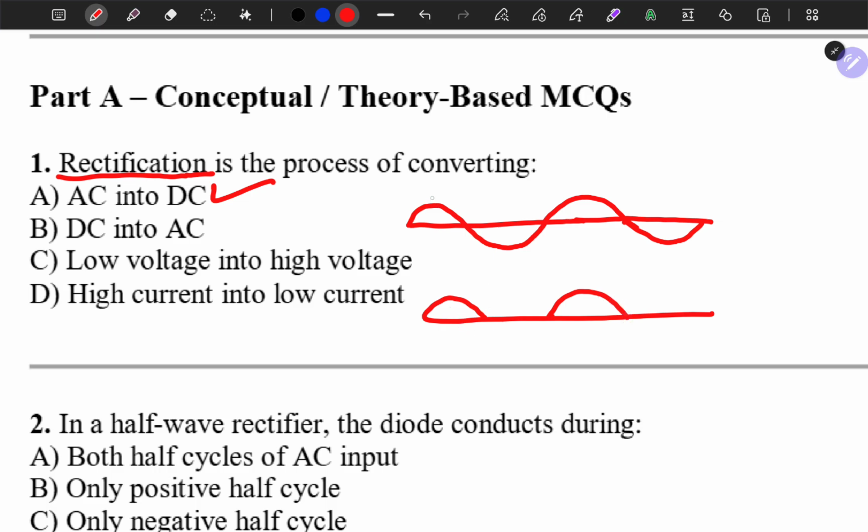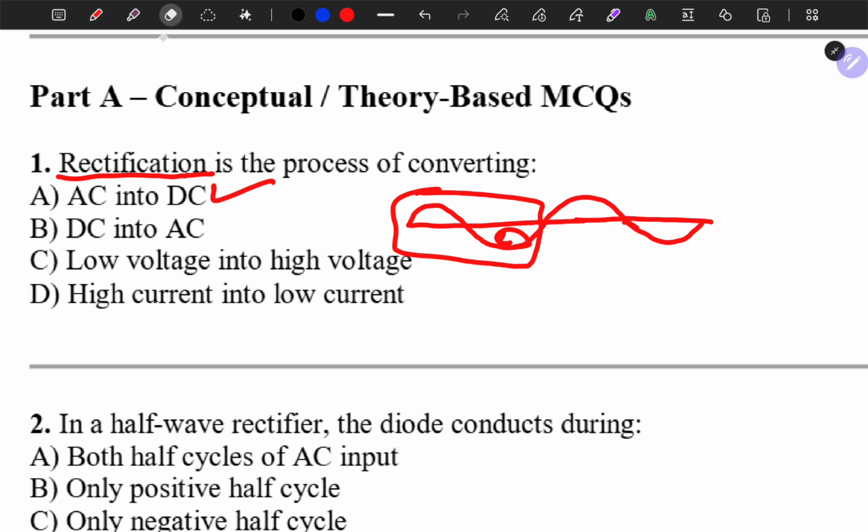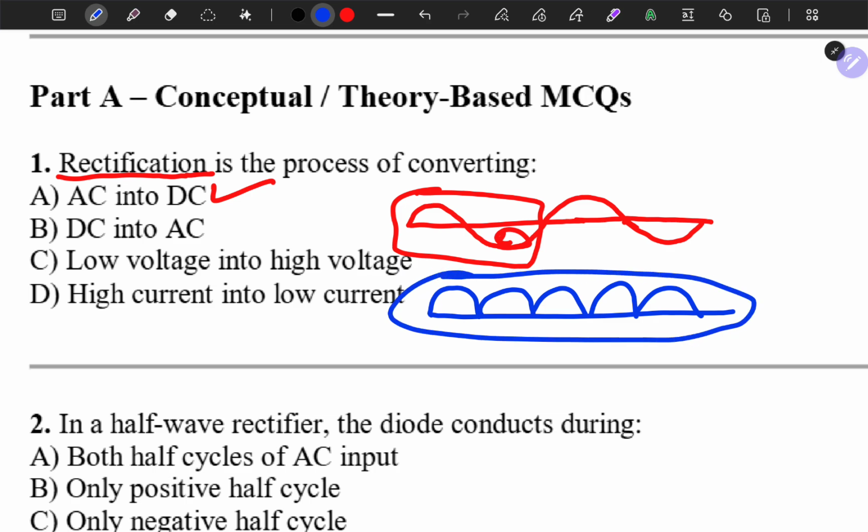Okay, so out of this whole chunk we have only converted this portion, and this is off. And the same is for the full wave rectifier. If I just erase this, the full wave rectifier will be like this. But you must keep in mind that these are pulsating outputs. Later on we will come to know about the normal mode and the pulsating mode.